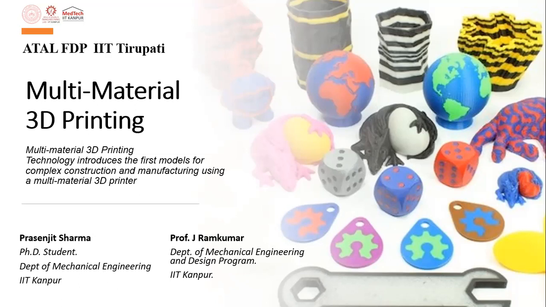You will see that all these print materials are only one kind of material. Slowly, people have now understood how to mix two wires and generate new colors. But what the world wants is multiple materials printed in one single layer.